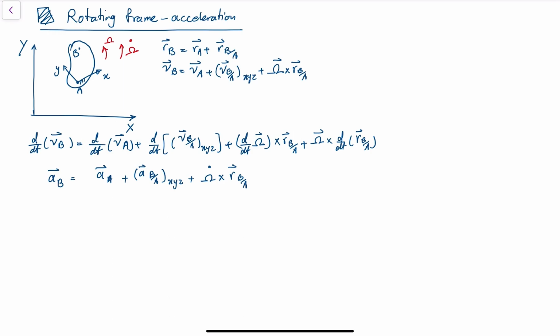Remember, alpha was already used as angular acceleration, but the convention was for the angular rotation of the body itself, not the frame. So for simplicity and without introducing a new term, let's use big omega dot.